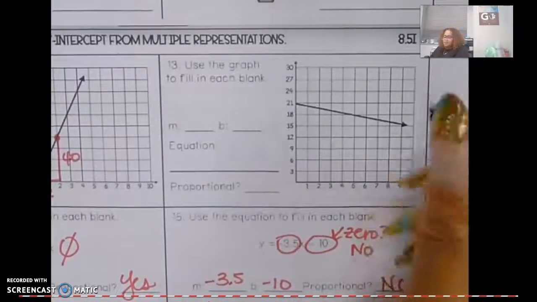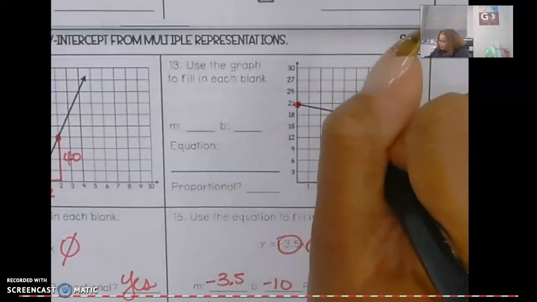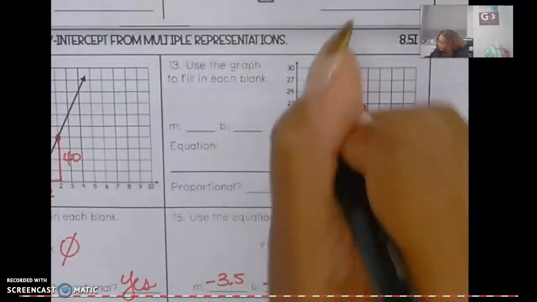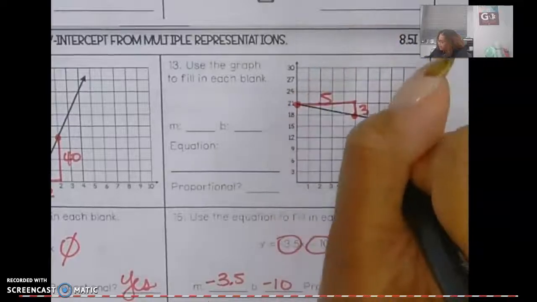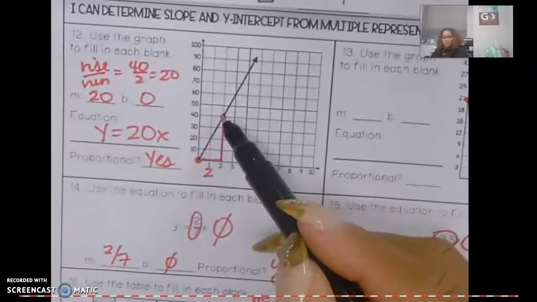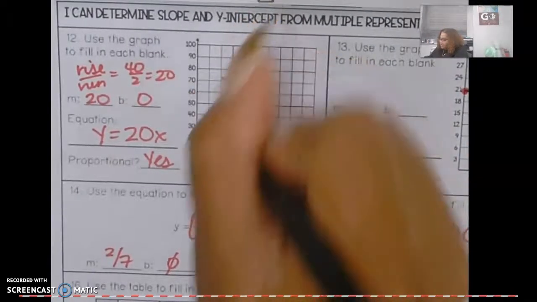Use the graph to fill in each blank. This is where I start, and this is another friendly point. I rise 3, and I run 5, and this is going down, so it's negative. Oh, let's double check this one. This one's going up, so it's positive, so that 20 is still correct.